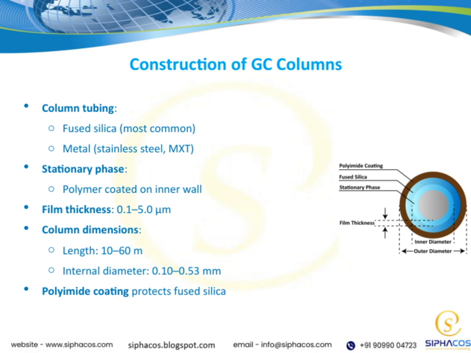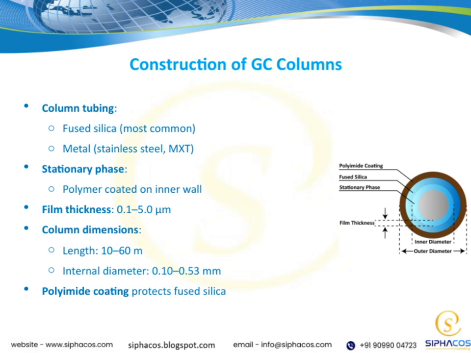Now, regarding the dimensions of the column itself, typical lengths range from 10 to 60 meters. Longer columns can provide better separation, but they also increase analysis time. The internal diameter usually falls between 0.1 and 0.53 millimeters, which influences the resolution and sensitivity of the analysis. Finally, to protect the fused silica from damage and to improve durability, a polyimide coating is applied around the outer surface.